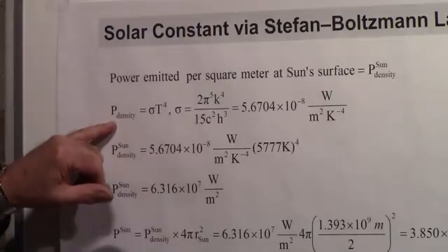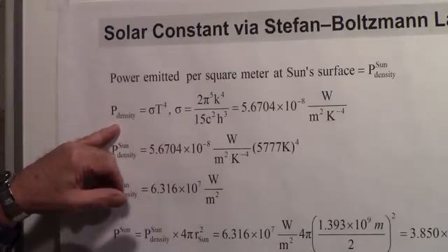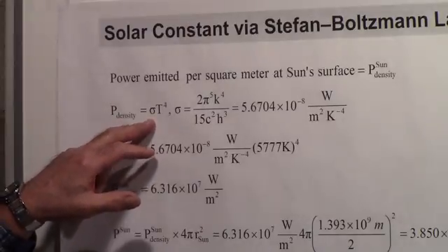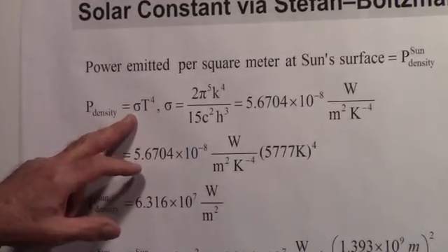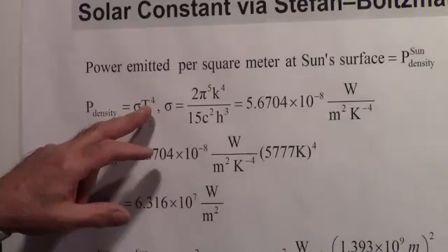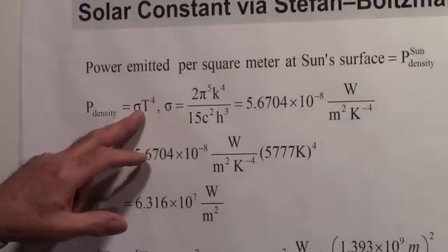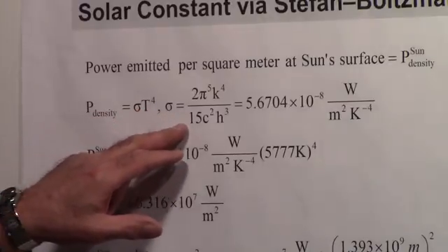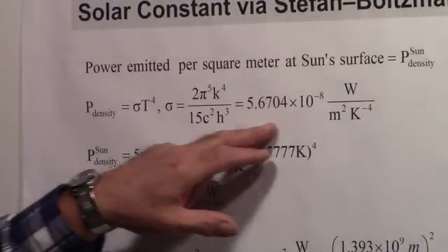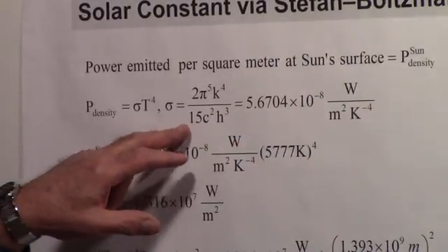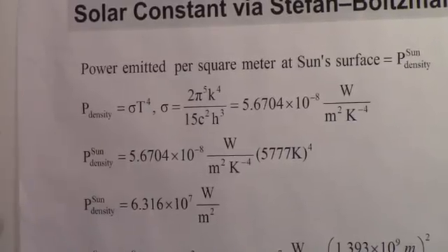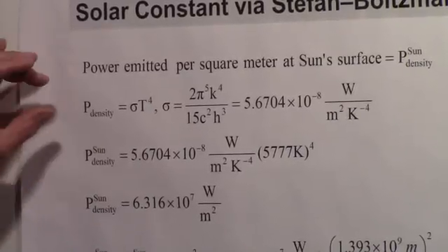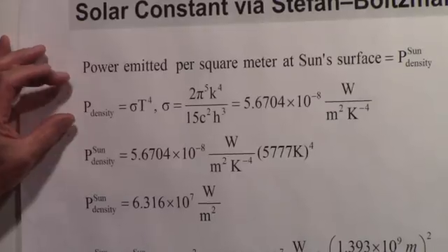We get that from Stefan Boltzmann's law, which is sigma T to the fourth. So the sun's temperature raised to the fourth power multiplied by the Stefan Boltzmann constant, we can figure out what the power density is for the sun.